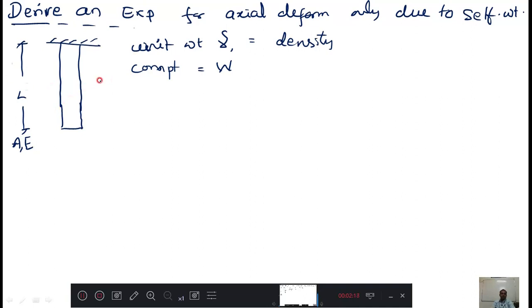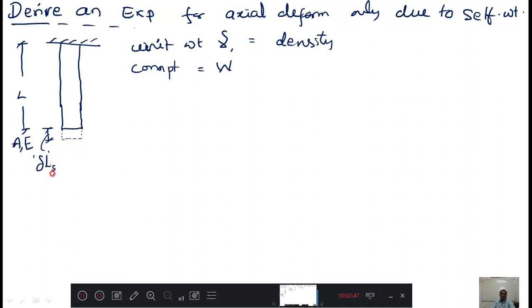Now, these informations we got. When we hold this particular bar in this way, then because of the self weight, we will observe some elongation in the bar. That elongation we will call delta L. But this delta LS we will call, because this is an elongation due to self weight.